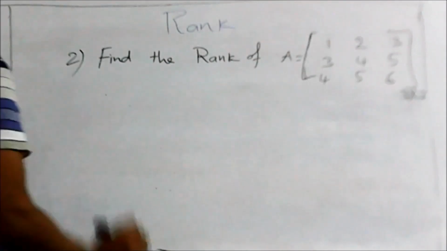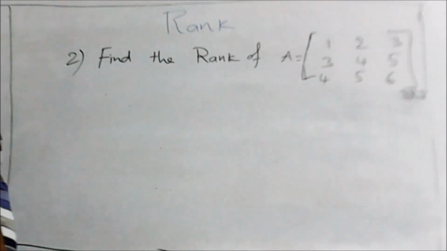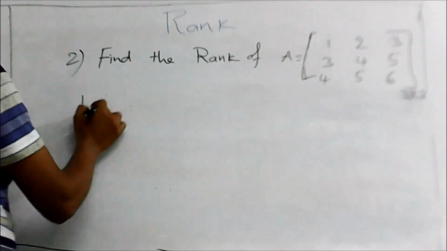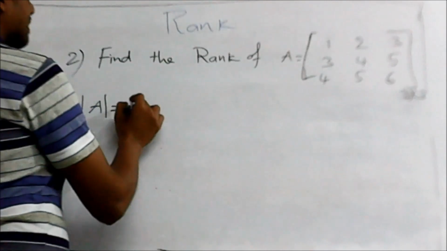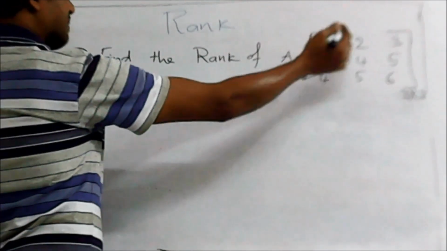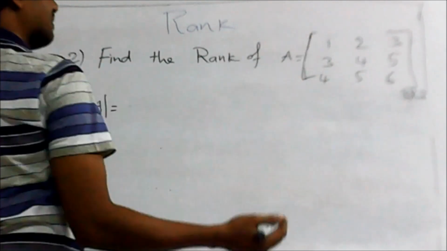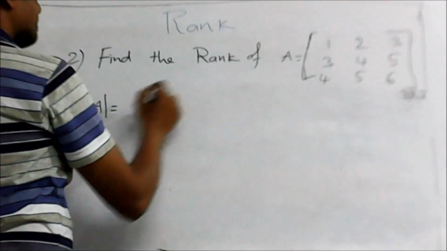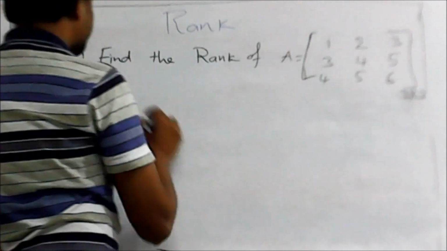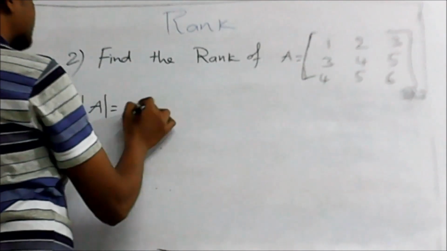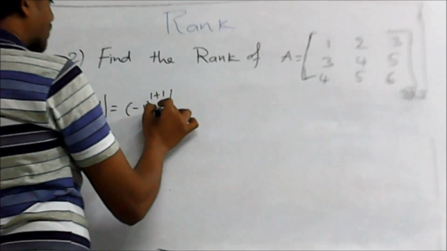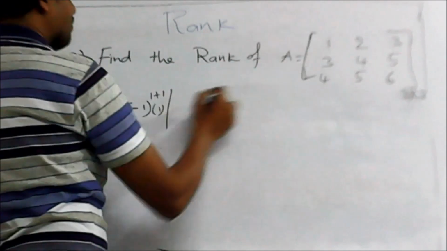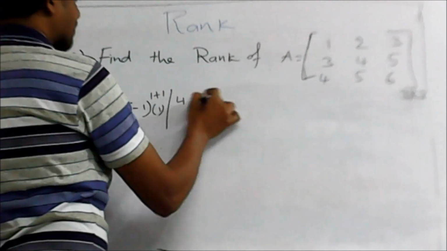So we know the way to find the rank of the matrix, that is simply calculating first of all the determinant of A. So what is the determinant of A? Similarly, there is no 0 element, so you can calculate through any row or any column. So simply use the first row to evaluate the determinant of the matrix: minus 1 power 1 plus 1, so 1 into the minor of 1, which is 4, 5, 5, 6.